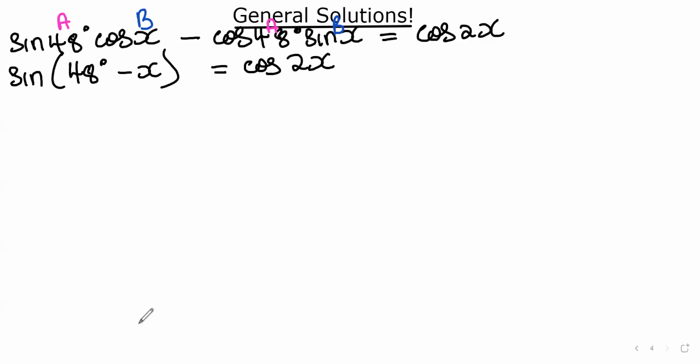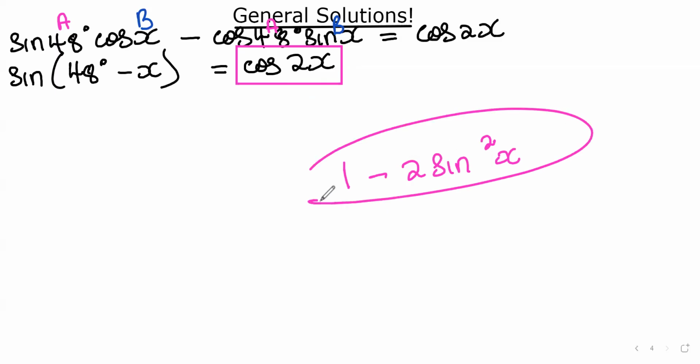That's a very good question. You might be tempted to convert cosine 2x and express it in terms of sine and say it's 1 minus 2 sine squared x. You might be tempted to say that. But the question is, after saying this, then where to from that point?